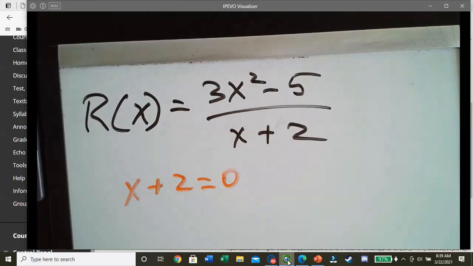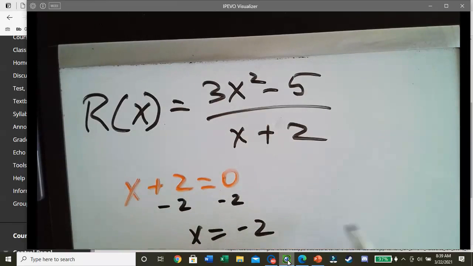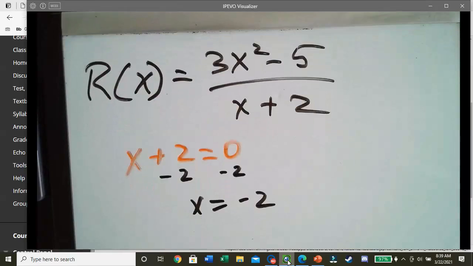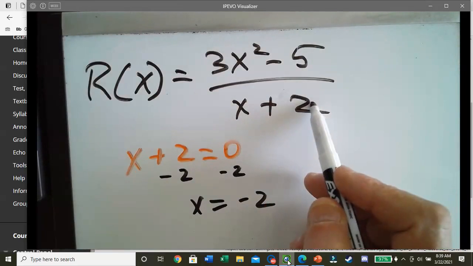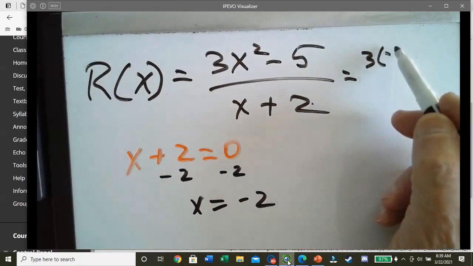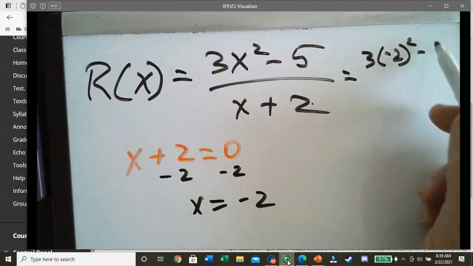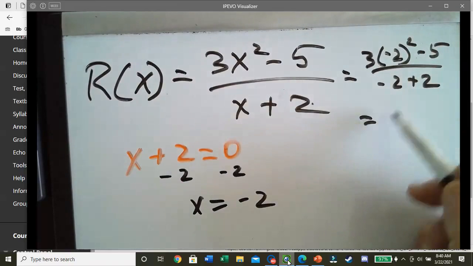And so we subtract 2 from both sides, and we get x equals -2. What we're really saying here is, if we put -2 in, what happens? -2 squared minus 5 over -2 plus 2.